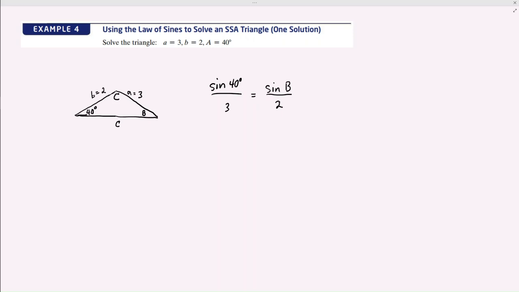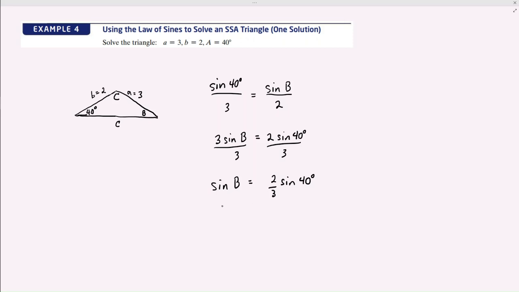Okay, again, if we cross multiplied, we get 3 times the sine of B is equal to 2 times the sine of 40. And now we divide both sides by 3. So the sine of B is equal to 2/3 times the sine of 40 degrees.